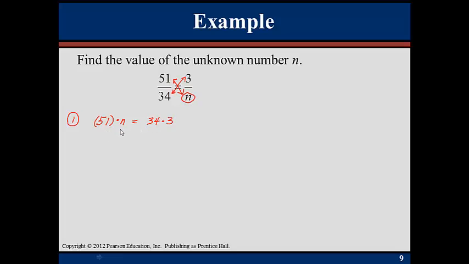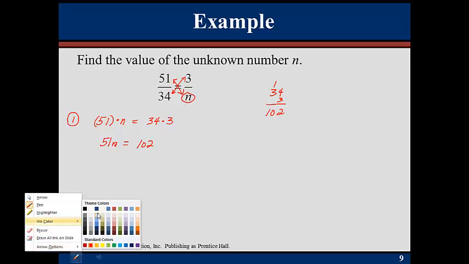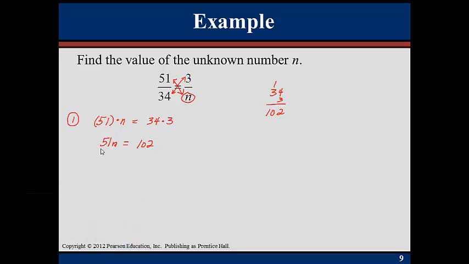Now 51 times n is just 51n, and that's going to be equal to 34 times 3, which is 102. So now you need to solve for n, and this is what they meant in step 2. You're going to divide by 51.